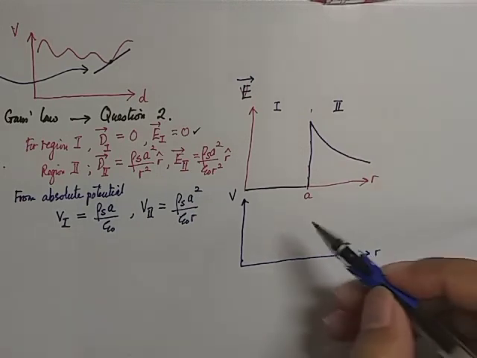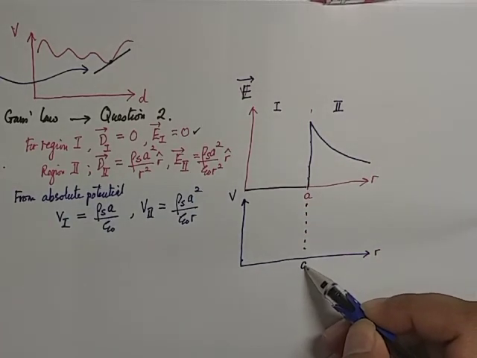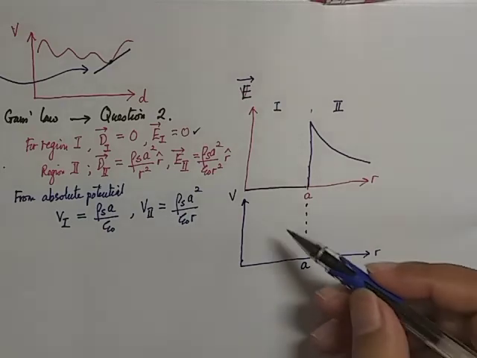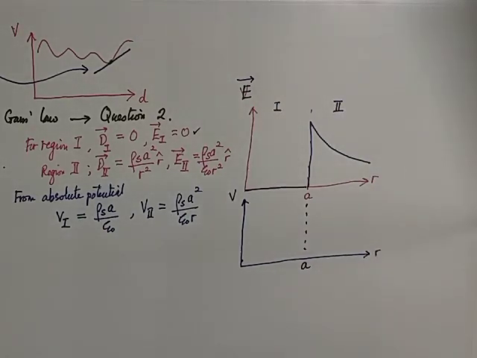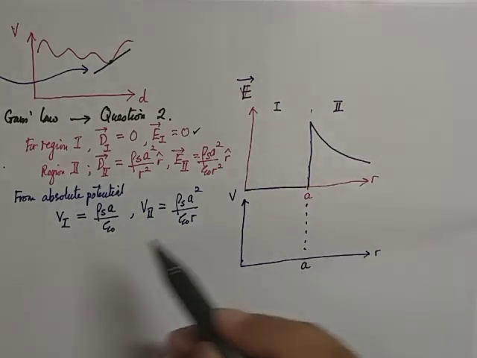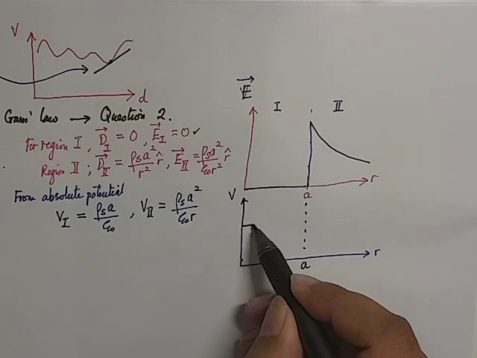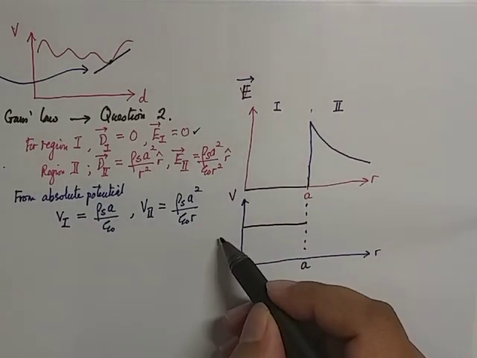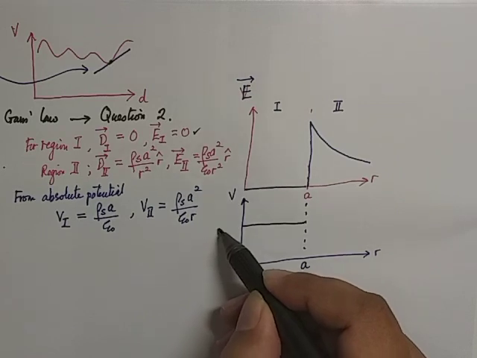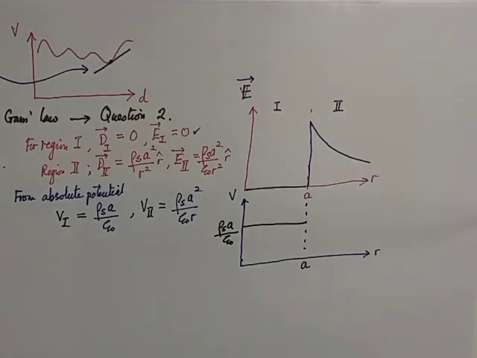There's still the same boundary separating region number 1 and region number 2. But what we can observe in region number 1 is that the value of potential here is constant. What is the value of the constant here? Rho s A over epsilon naught.